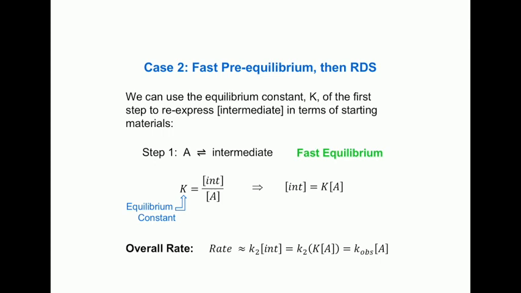If I knew the individual concentrations, I've got some ratio, and we can re-express that by multiplying algebraically to isolate the concentration. The reason we do this is we're just trying to rearrange a term to express our intermediate concentration.